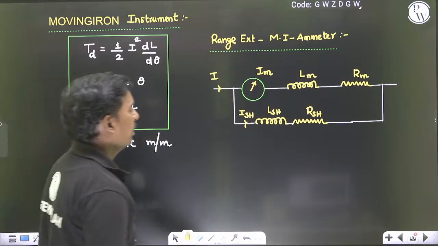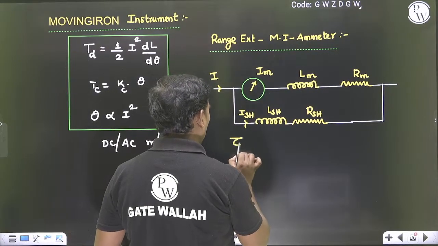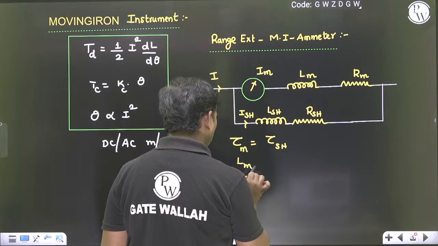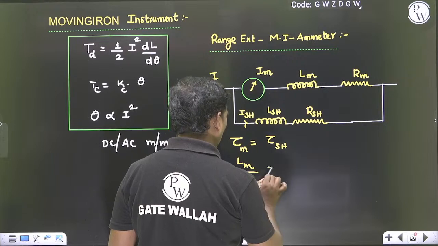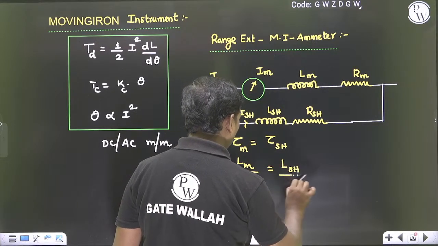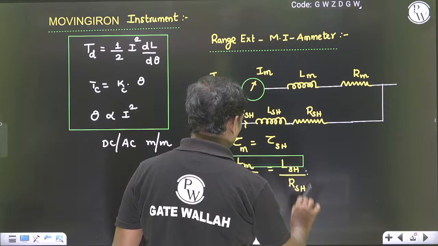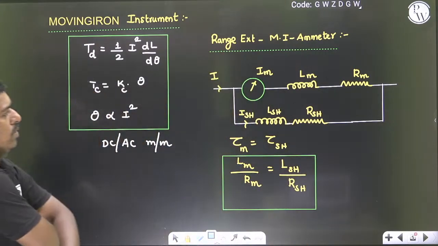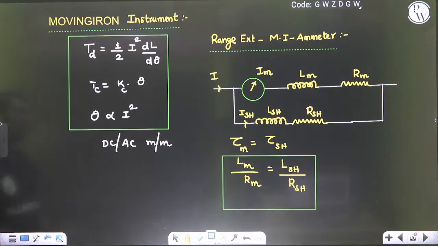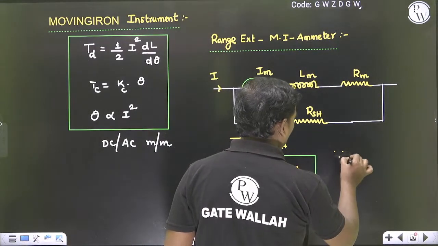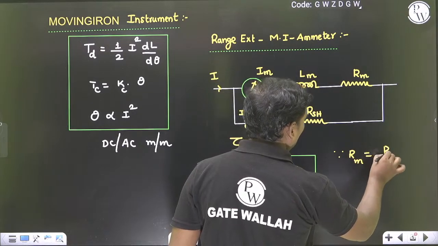Here the time constant of the meter and the time constant of the shunt coil must be the same. So we can write Lm by Rm, and I can write LSH by RSH. These are the basic things. If you choose like that, then the shunt resistance RSH is equal to Rm by m minus 1 here also.